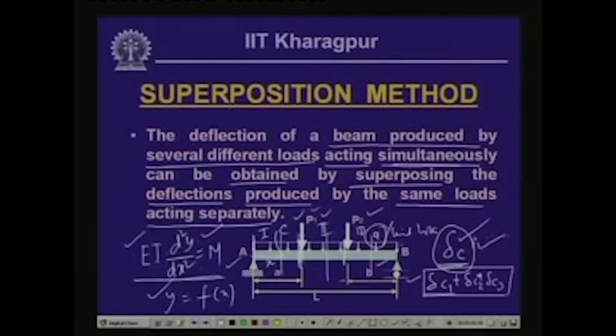This is what we call the method of superposition, where we can compute the deflection at any point in the beam when many loads are acting on it. We take the loads individually and consider their effects on a particular point, and if we sum them up, we get the deflection of that point for all the loads acting simultaneously on the beam. This is what we call the superposition method.